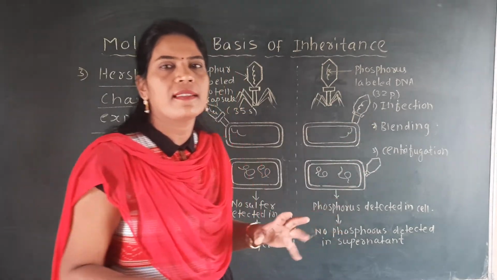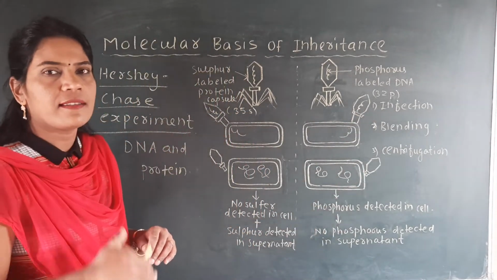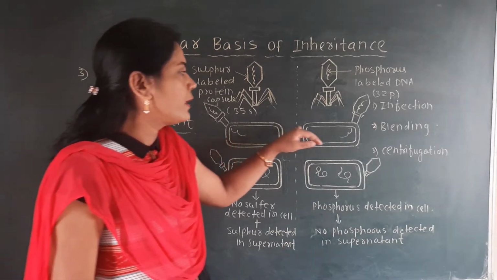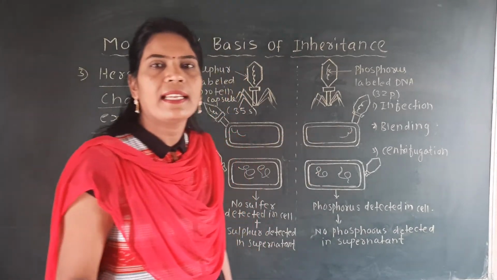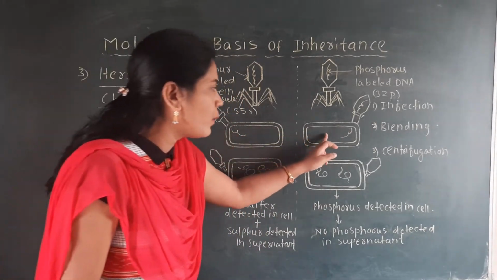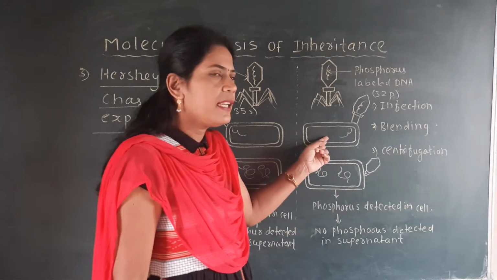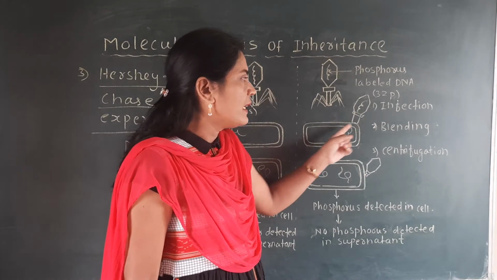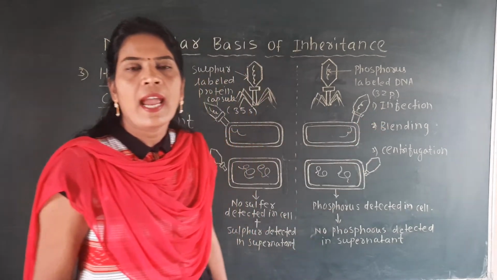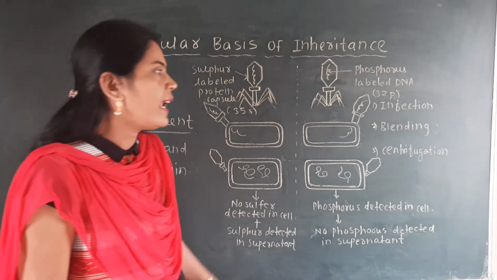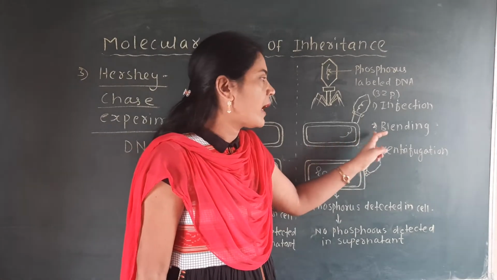So these viruses attach at a special surface on the body of the bacteria and insert only their genetic material into the bacterial cell. The name of this second figure is infection, and to save space, a second title is also given to the same figure, that is blending.